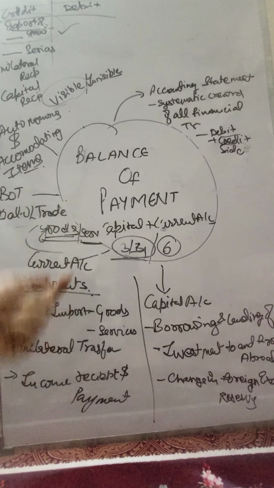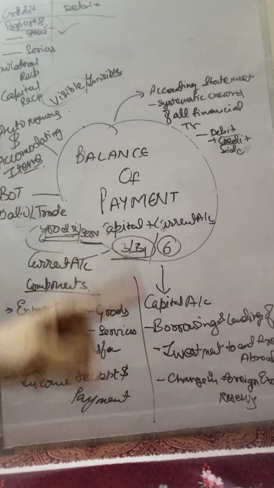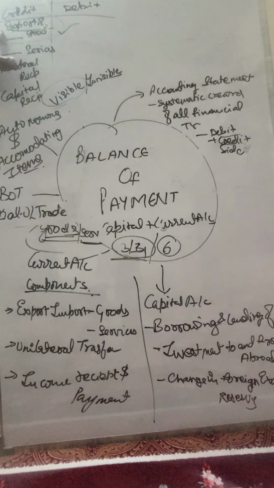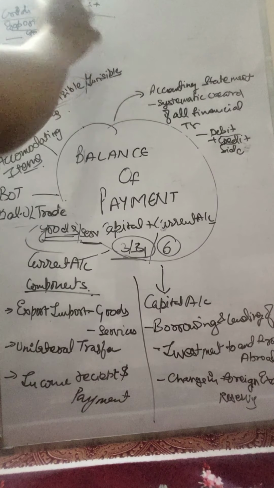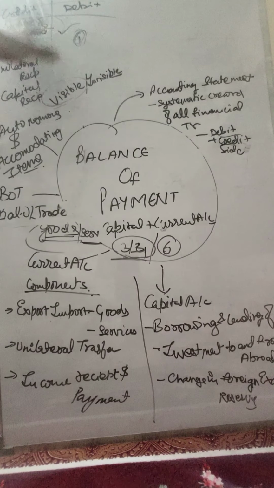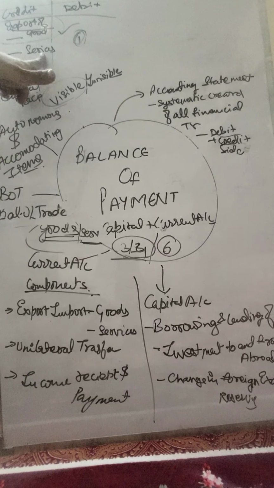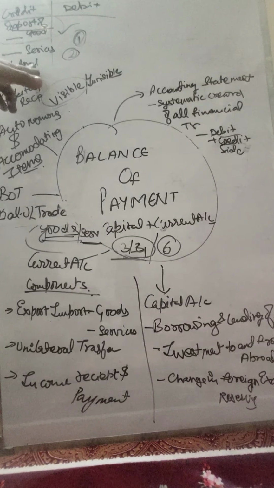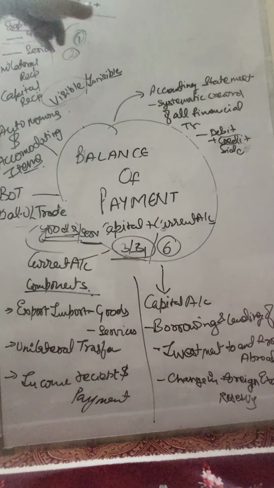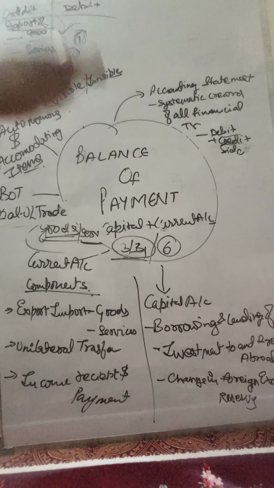All right, so coming to the very first point, come to the top right corner. Here we will write: credit side includes, first, export of goods, and the very important thing is export of goods. Second, export of services. Third, unilateral receipts. Fourth, capital receipts. Whereas on the debit side, we include all the payments.